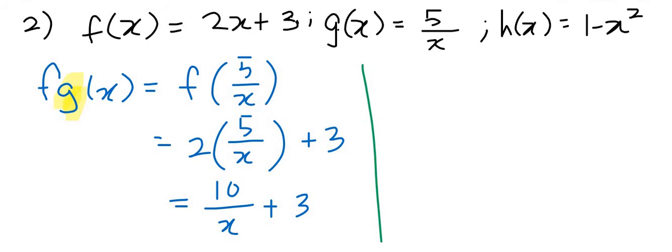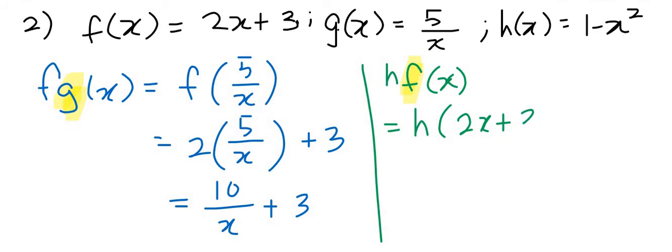Okay, moving on. Next, let's look at another question. Maybe we try hf(x). Again, the one that is closest to the x is f, so you are going to do the f first. Put x inside the f, that will give you 2x plus 3. Now you are going to put the entire 2x plus 3 as the x in the h(x).